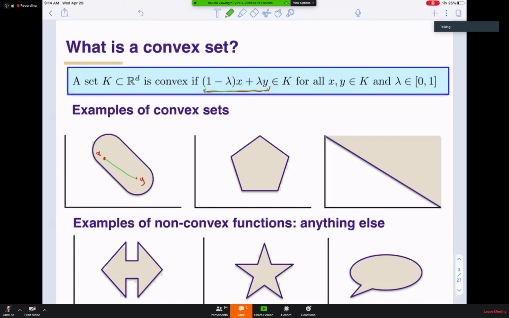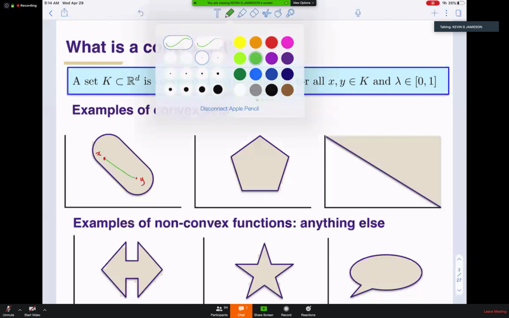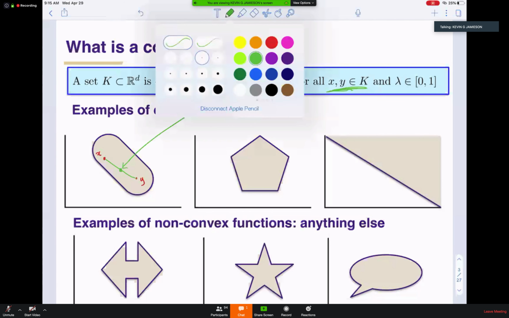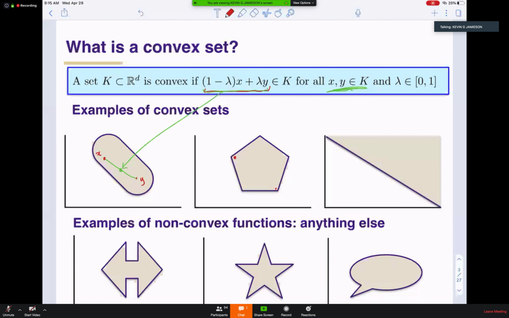And so a set is convex if for any x, y that is in K, the convex combination for any lambda, (1 minus lambda) x plus lambda y, is also within K. Okay, and so as you can see, you can always draw pictures. I strongly encourage you to do that. If you do that, for any 2 points, any chord you can draw within this set will lie within this set completely.